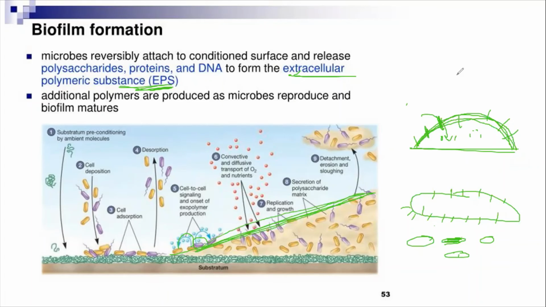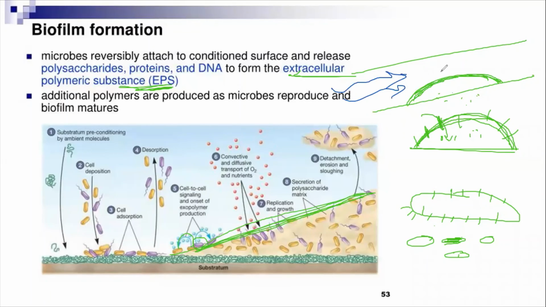So at first it is thin. As the bacteria start growing, they keep on secreting and it is deposited over here so that it becomes very thick and very strong. Suppose this is a pipeline; even if water is coming with so much pressure, it will still be stuck to the pipeline.